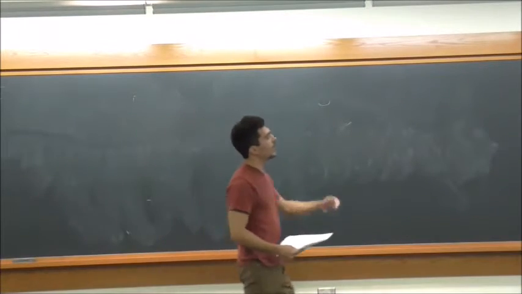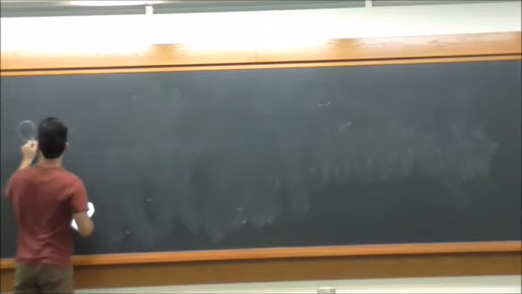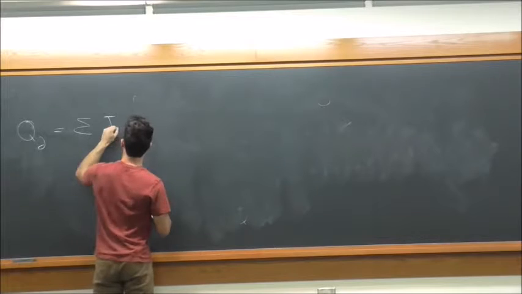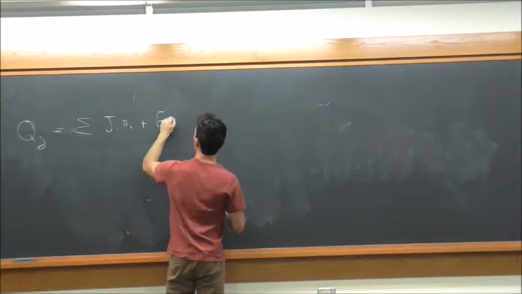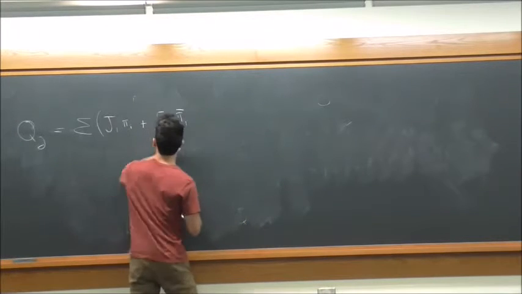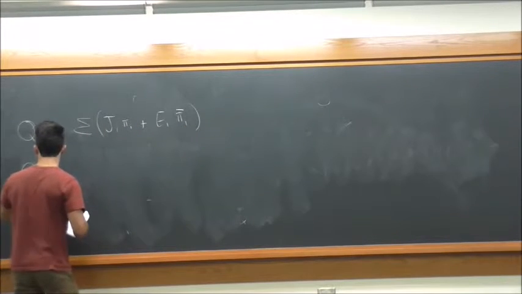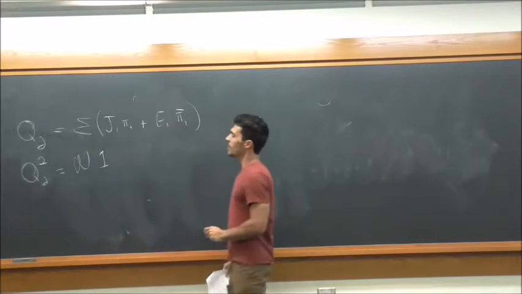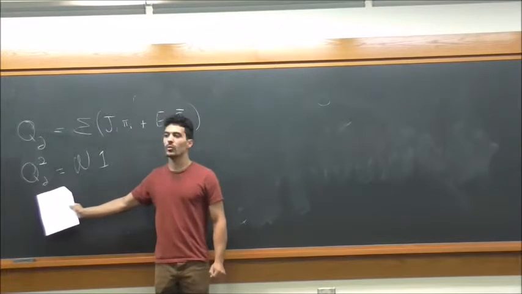Using the variation with respect to the pi's and the equations of motion coming from their action, Q on the boundary can be written as the sum over the J's times the pi's plus the E's, the potential E's, plus the pi bars. Now, if we square this Q, we get W times the density. So we can use this Q as a BRST operator on the boundary.